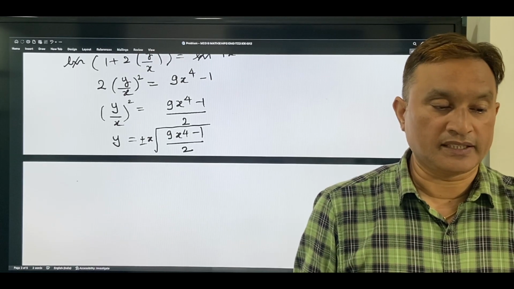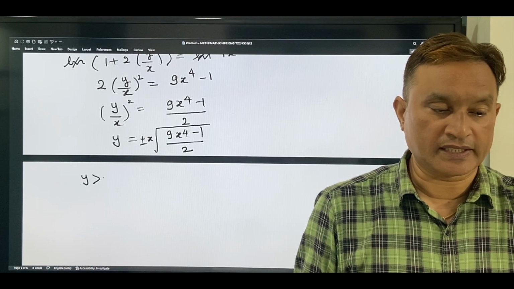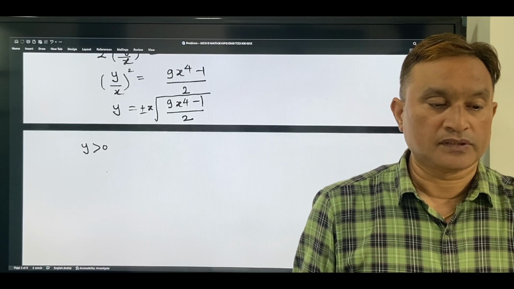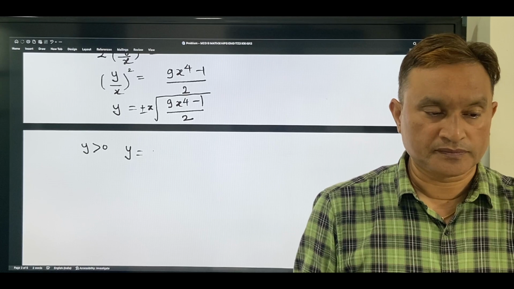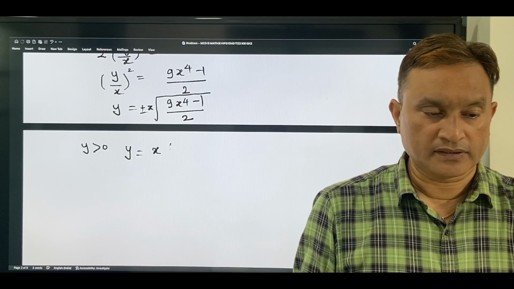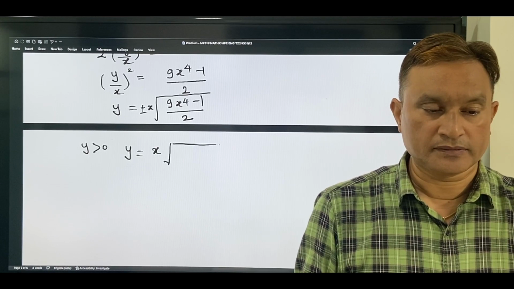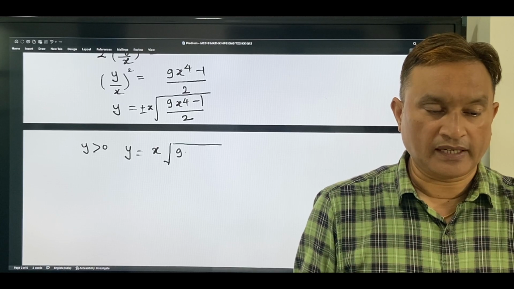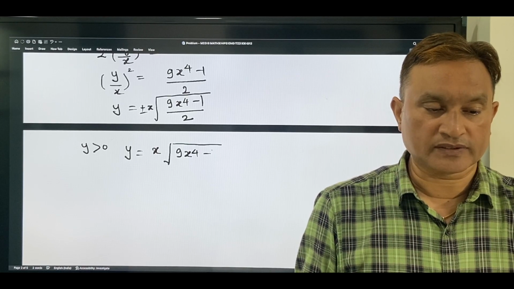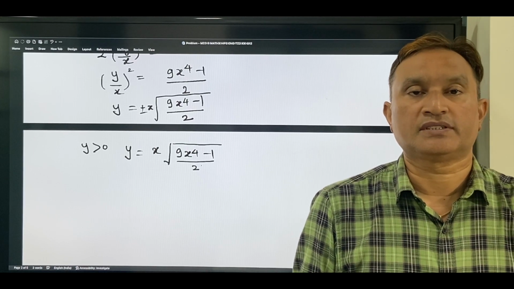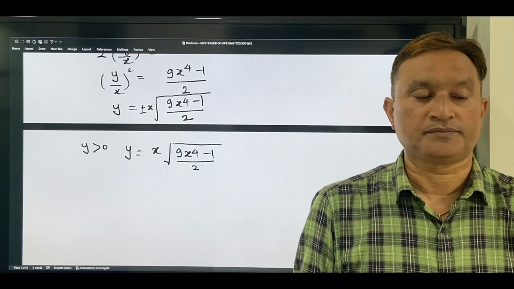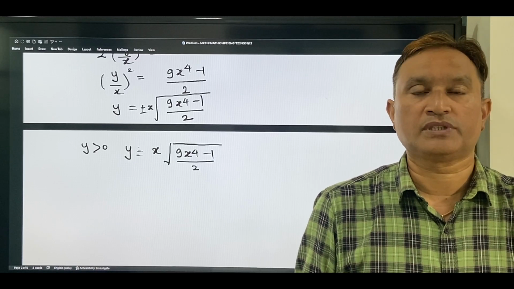But as the condition given is y is greater than 0, so we will be taking here y equals to x square root of 9x power 4 minus 1 upon 2. So this is the solution of B part. Now we will proceed to C part.